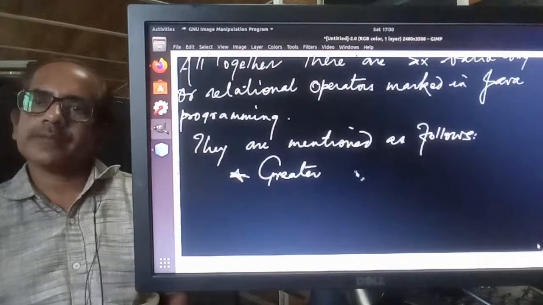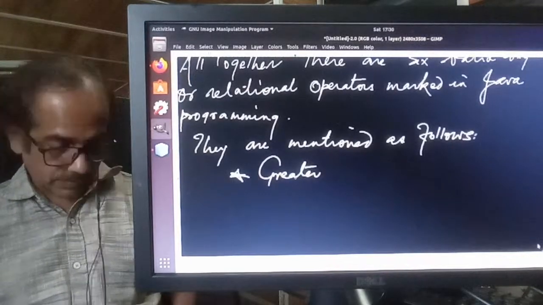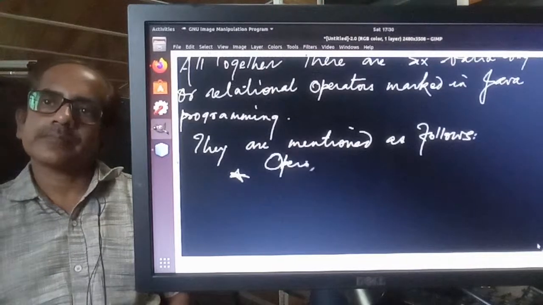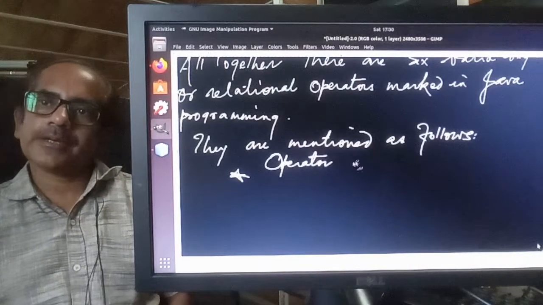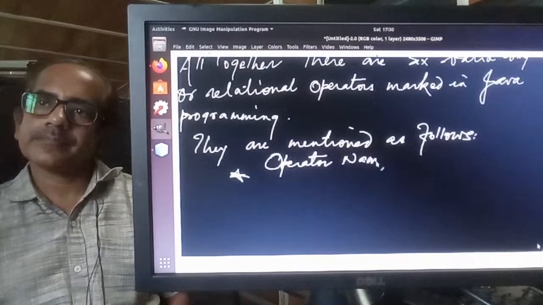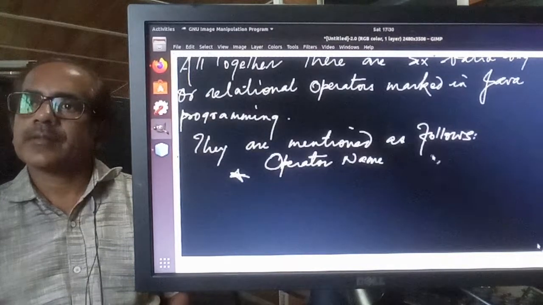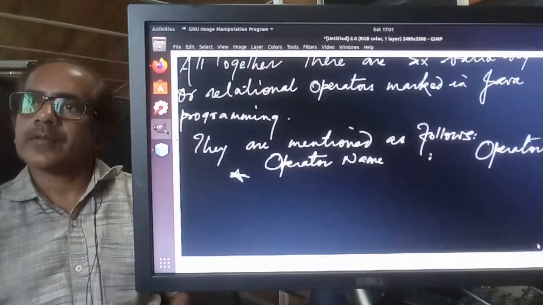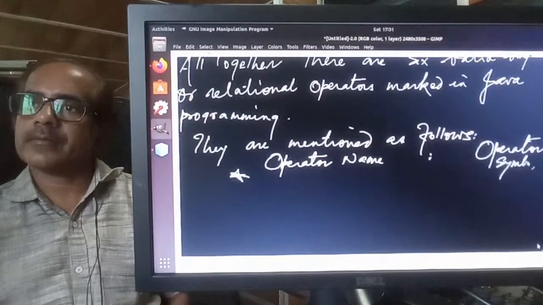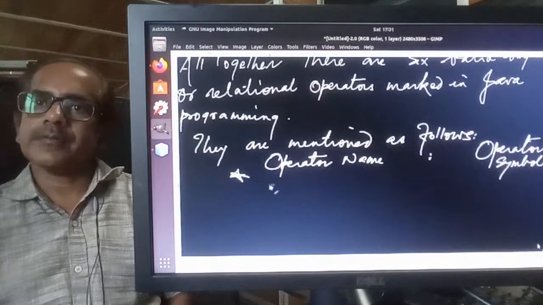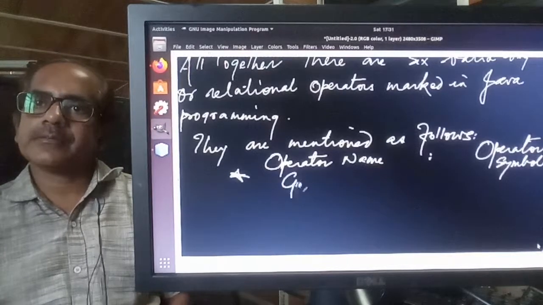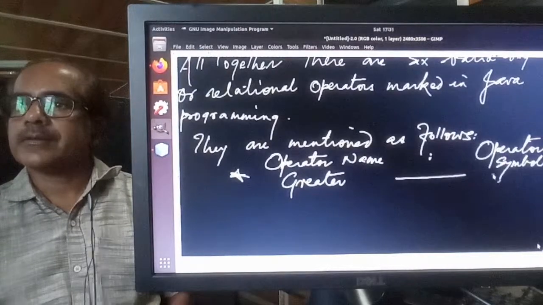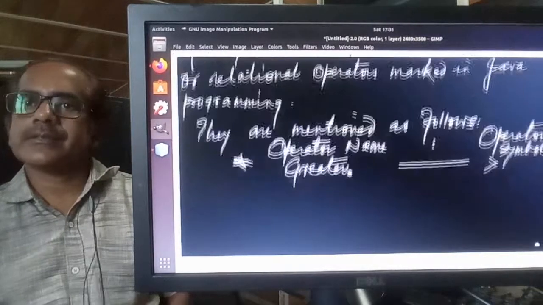Let us write operator name and operator symbol. Operator name is greater, symbol is this.